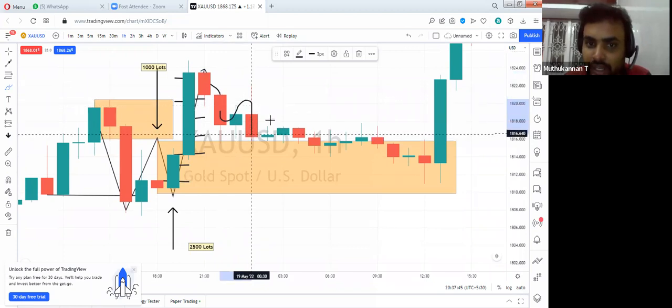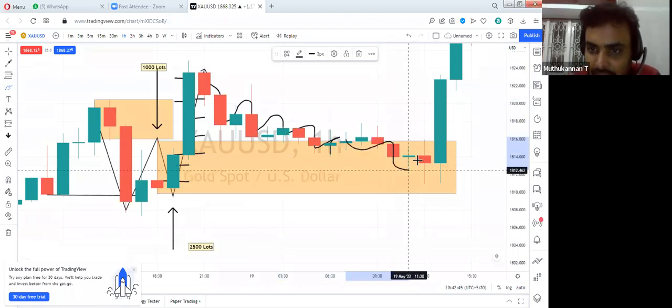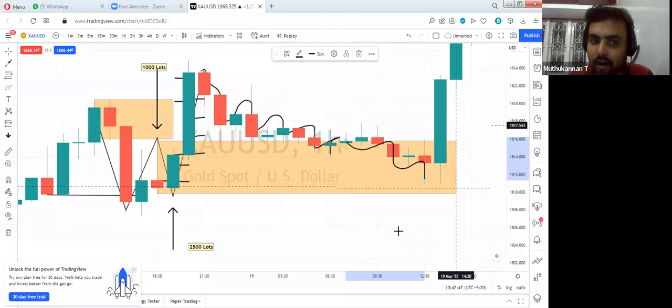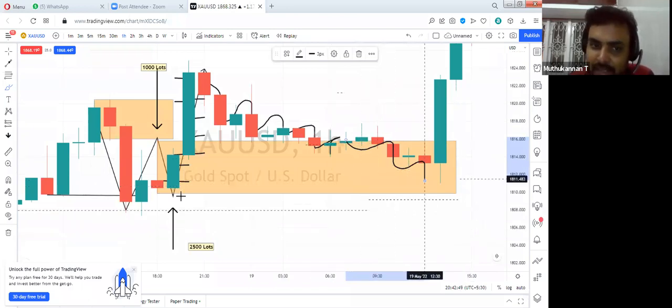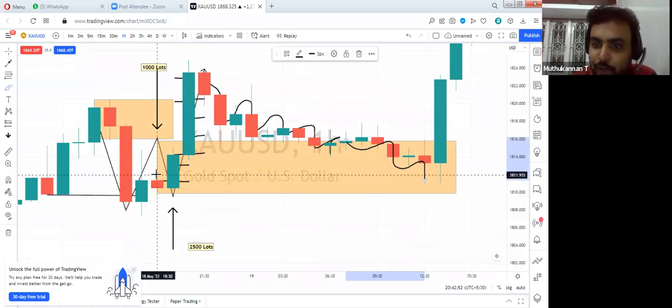So slowly they are taking their stop losses, and finally they are bringing the price down to mitigate the order block. Why are they mitigating? Because they sold 1000 lots here, right? They need to close this position.